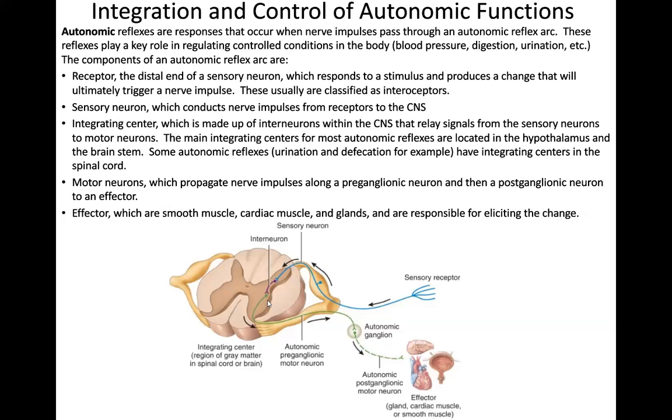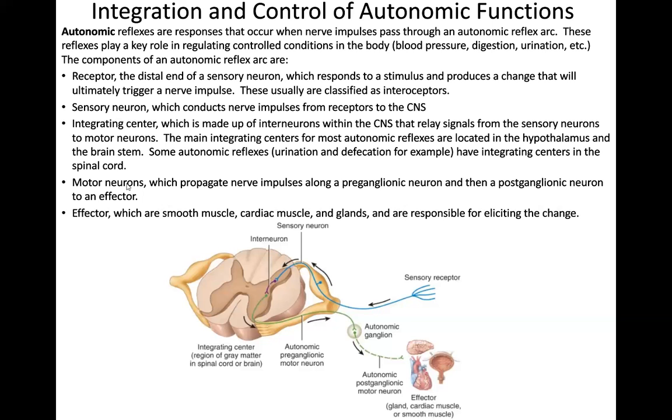Now, in the case of the somatic reflex arcs that we saw the other day, we only had one neuron that was going to carry the signal all the way out to skeletal muscle. But as we just learned, both Tuesday and today, no matter if it's sympathetic or parasympathetic, to get to the effectors, it takes two autonomic neurons, what we call the preganglionic and the postganglionic.